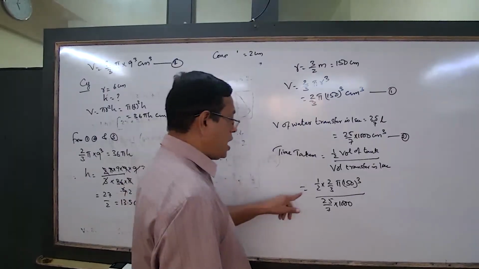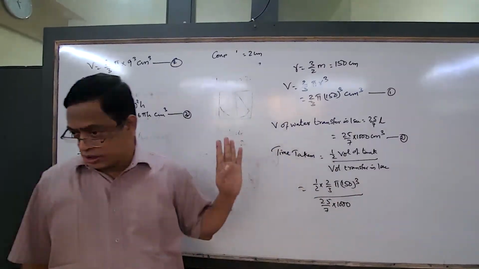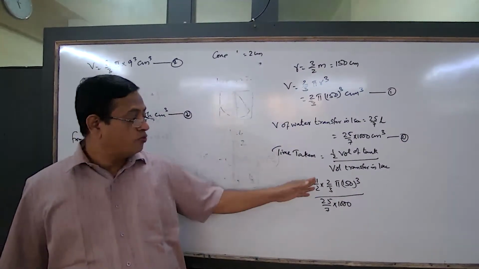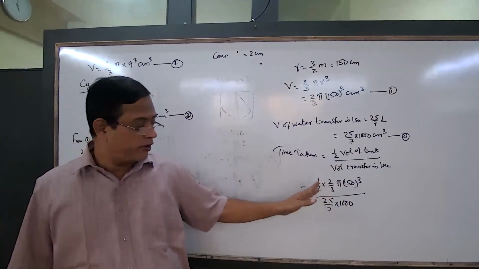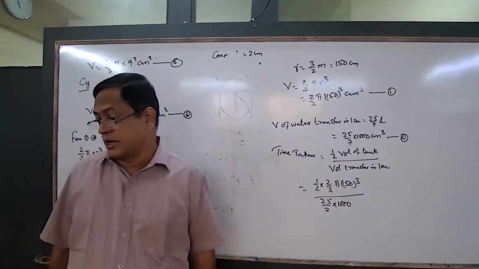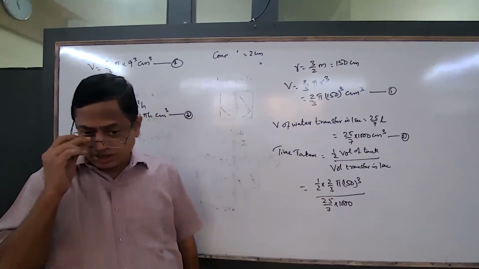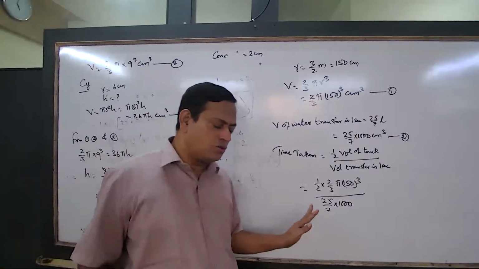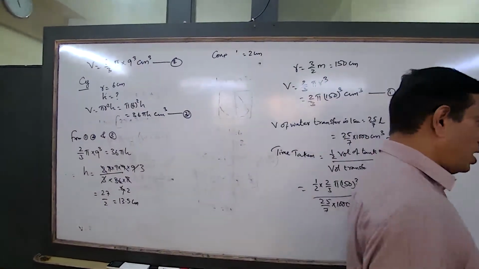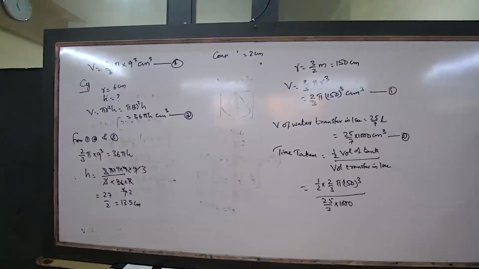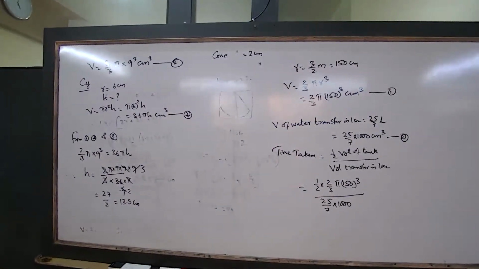Are you followed? Half the volume is half into the volume of the tank. Clear or not? Now, put the value of pi, cancel 25 by 7, and let's see who will get the answer. It's very simple. Simple means not very complicated. Cancel. Put the value of pi as 22 by 7 and simplify.